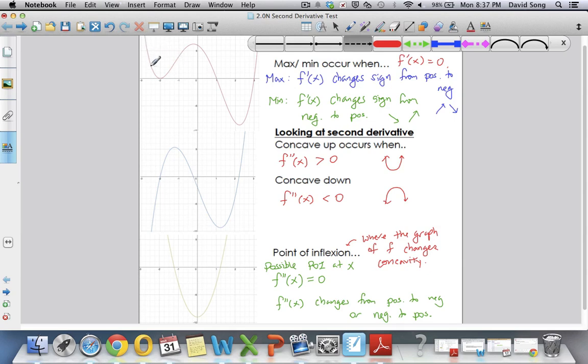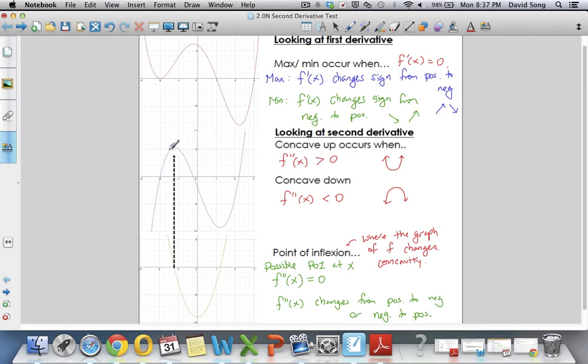So somewhere in this area, I should be concave up. Let's look at here, and it's going straight up. When f double prime is 0, that's exactly where a point of inflection could happen. It's a possible point of inflection.